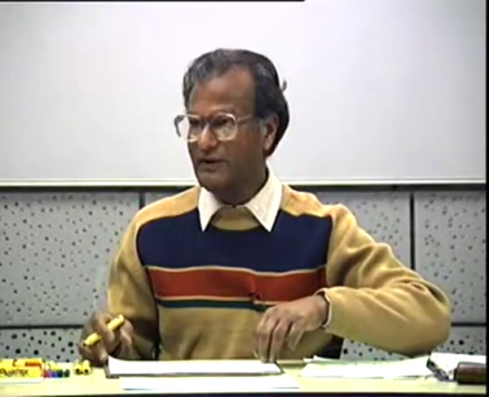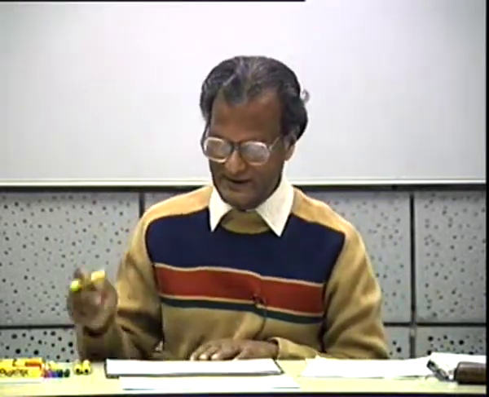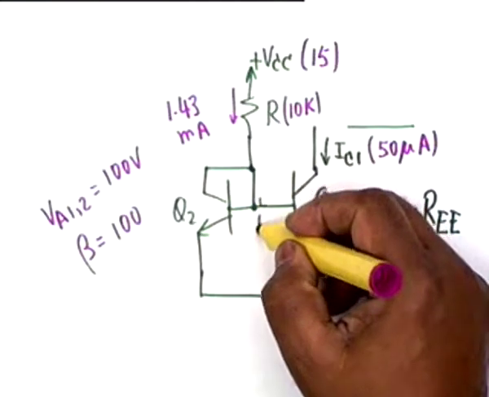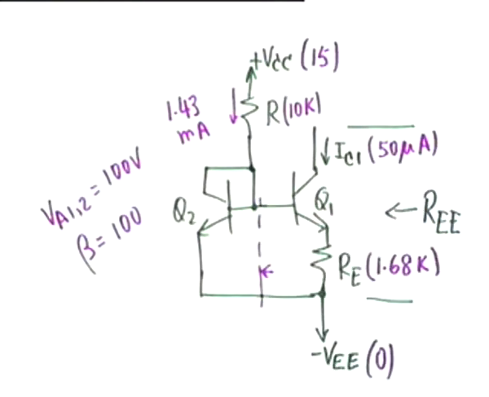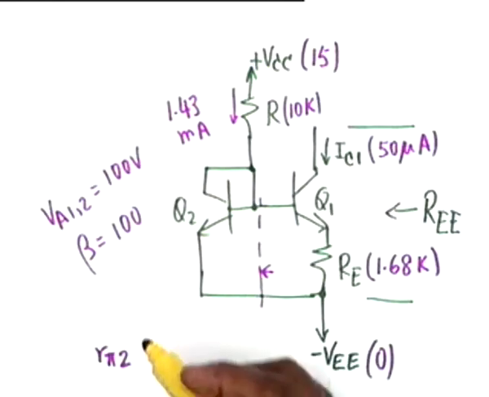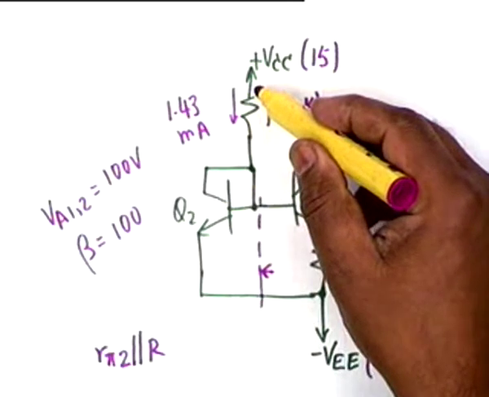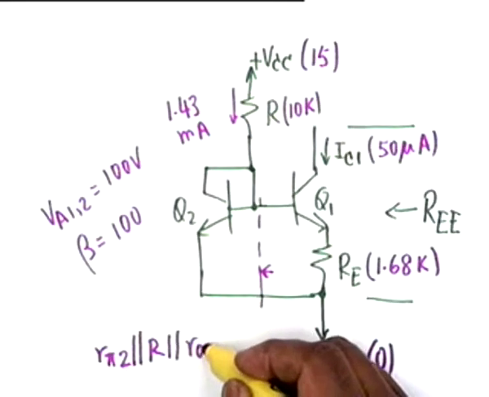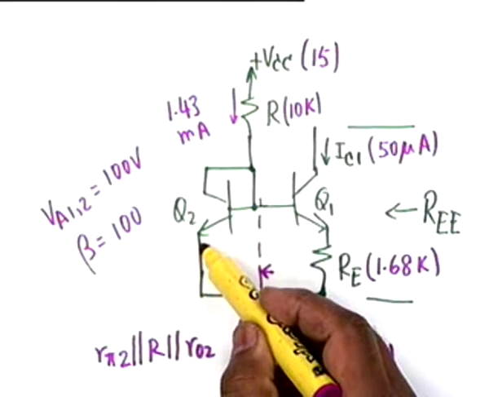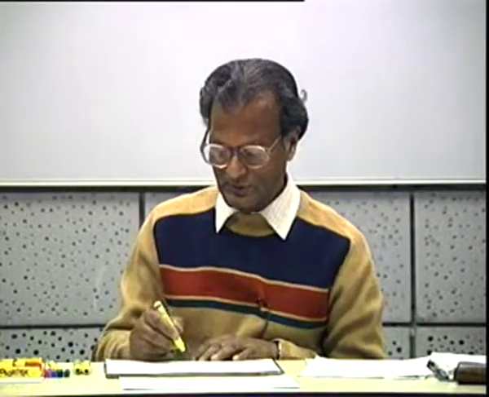Okay, now we drew the equivalent circuit very carefully, and we saw that in the equivalent circuit the resistance offered by the left of the circuit was the parallel combination of R pi 2, capital R, and R02 because from collector to emitter, and also that GM2 V pi 2 was equivalent to a resistance of 1 by GM2.